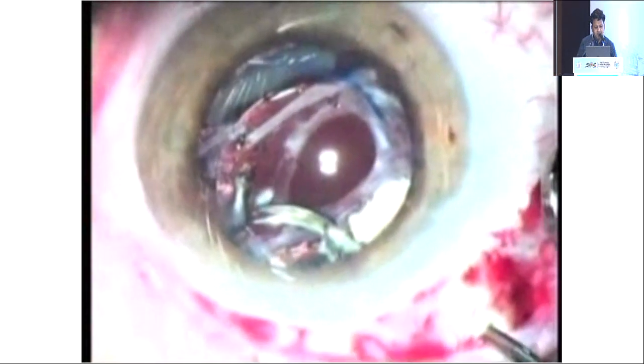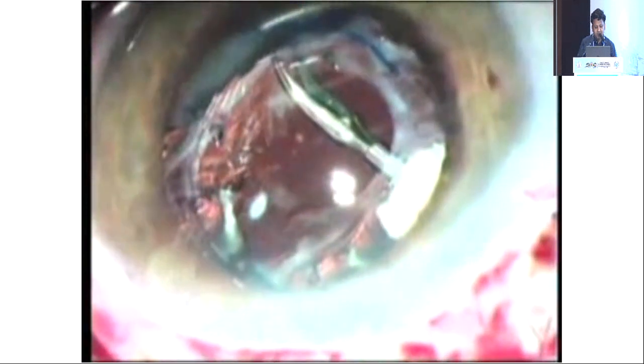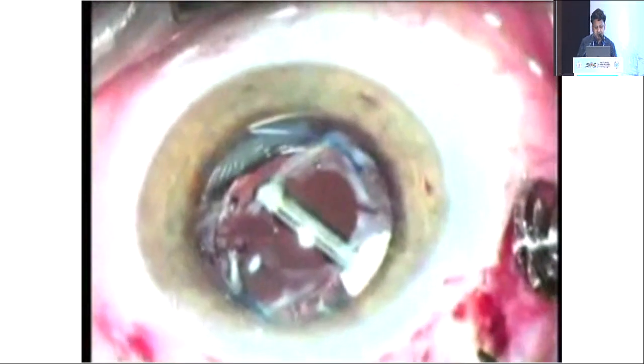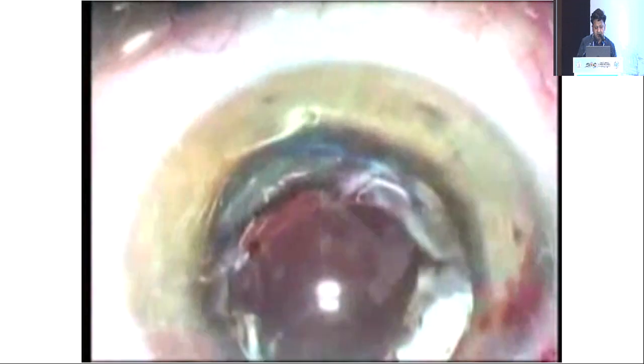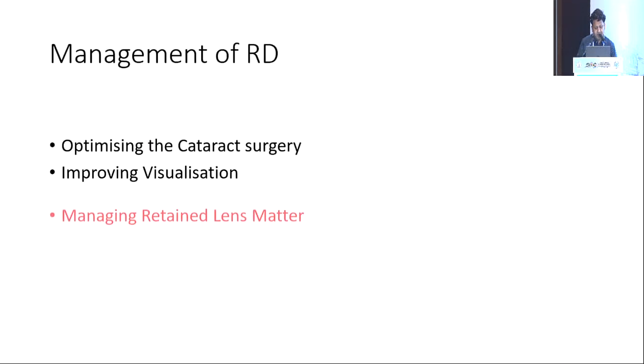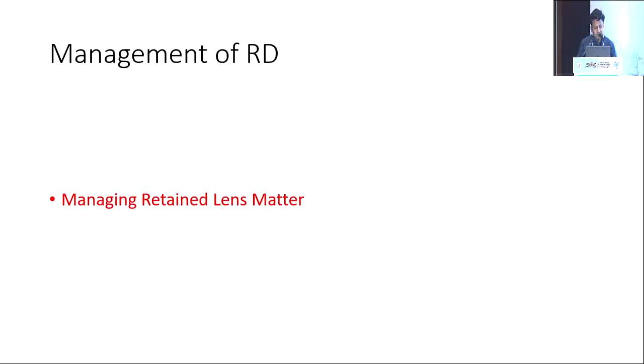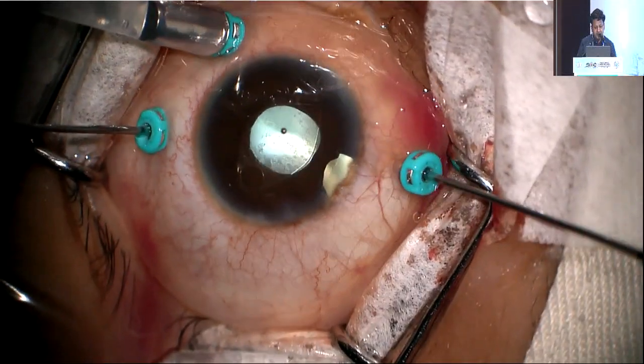So always use these thin haptic IOLs, and always try to make a good capsular access, for proper visualization. The next thing is managing the residual lens matter, which may be present in these types of PCO cases, which lead ultimately to retinal detachment.